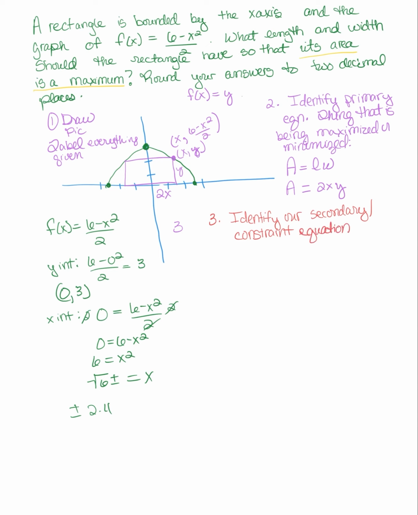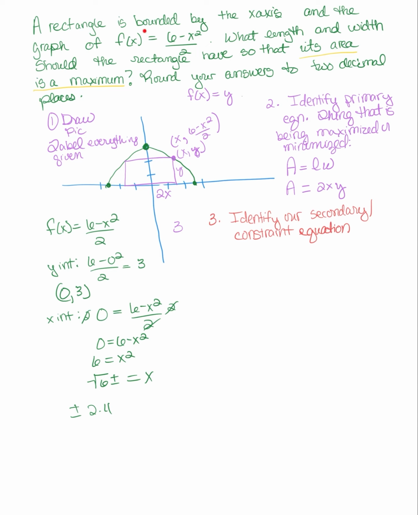Okay, so let's see, what is our secondary equation? So it tells us here that our rectangle is bounded by the x-axis and the graph. So bounded, it's restricted, it's constrained. So looking for words like bounded or if, and we'll see that in another problem, you'll start to be able to recognize, okay, well, that's my secondary equation.